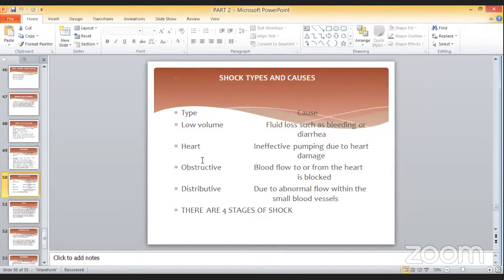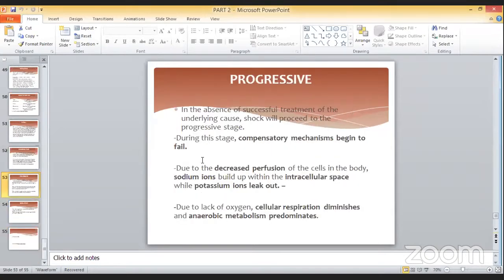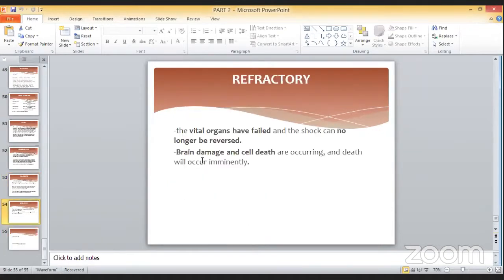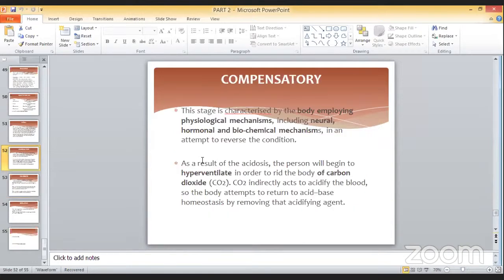Hypoxia. So that patient is not able to get proper oxygen for his or her activities or for breathing. So he tries his best to get that oxygen and compensate the blood pressure and the whole system by taking more and more breaths. So it causes hyperventilation.